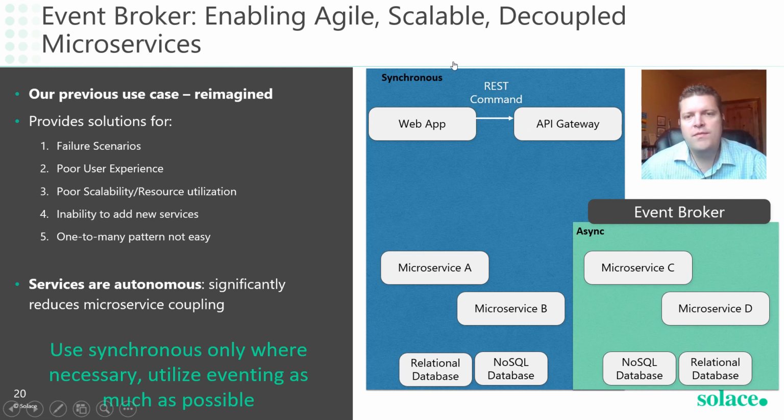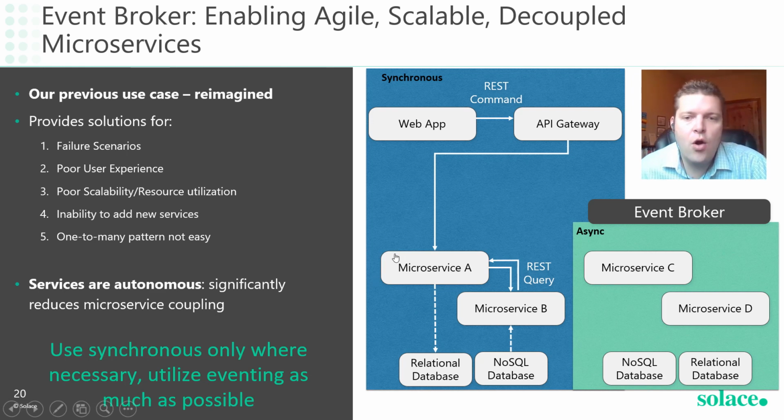In this case, the web app still, through a REST command, calls the API gateway. The API gateway forwards that message on to the first microservice A, which has a REST interface. Maybe as part of that processing, it needs to query microservice B to pull additional information out of that NoSQL database. It then writes the updated, for instance, account open state, and then produces an event.